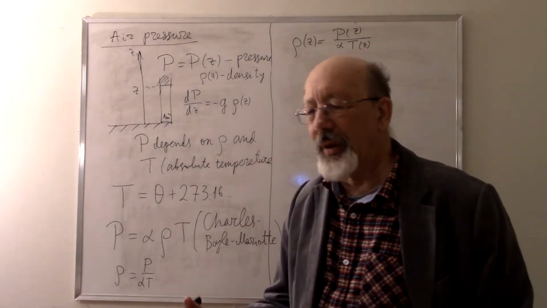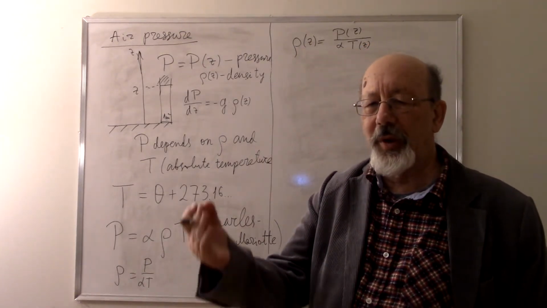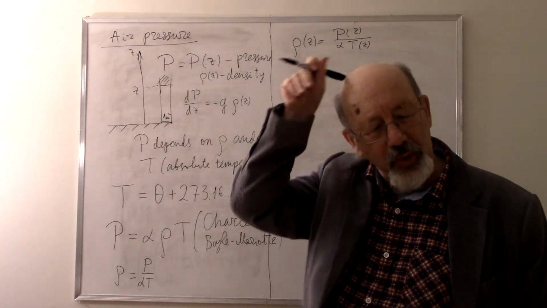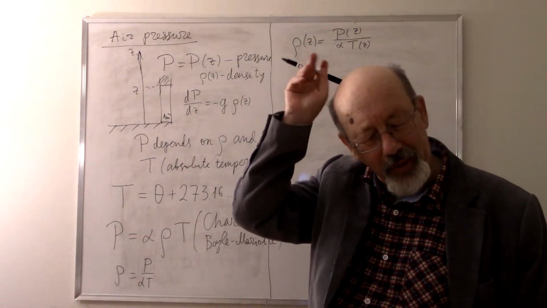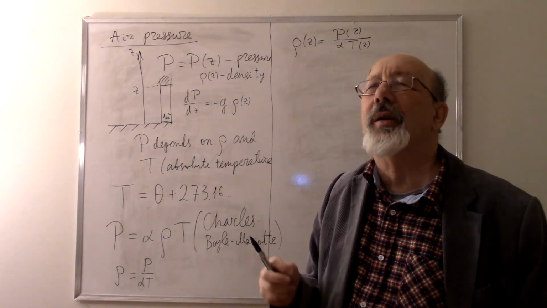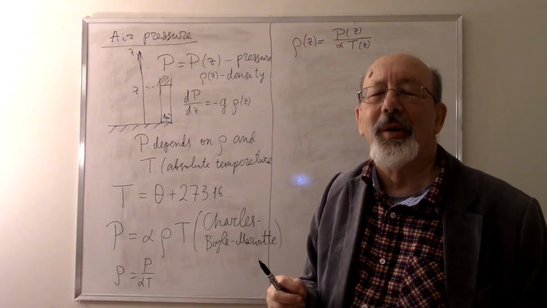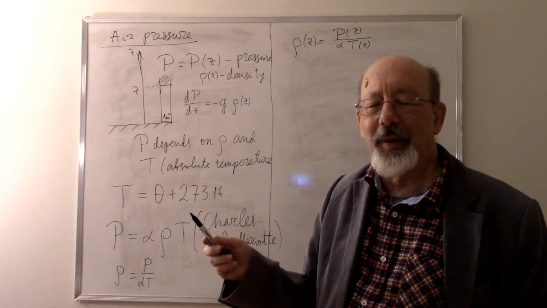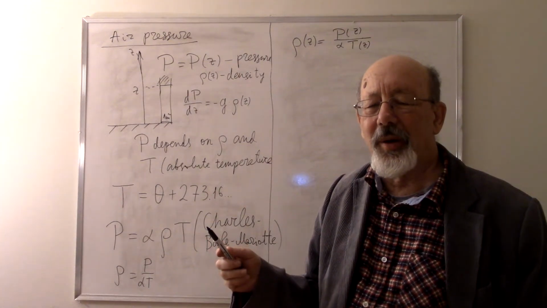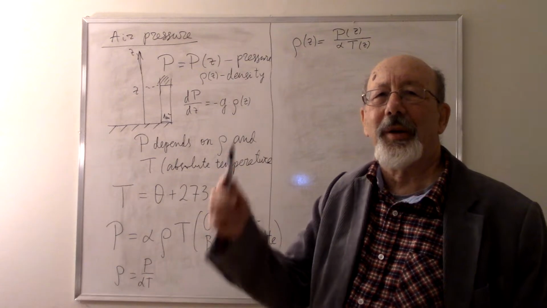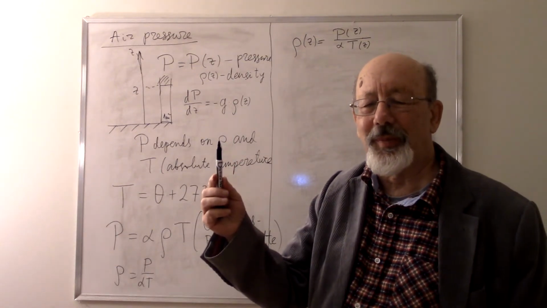We know that in general temperature is going down, and the interesting range of the height is about 10 kilometers. This is the height where the jet planes are flying. So the question is, what is the air pressure at the height 10 kilometers?